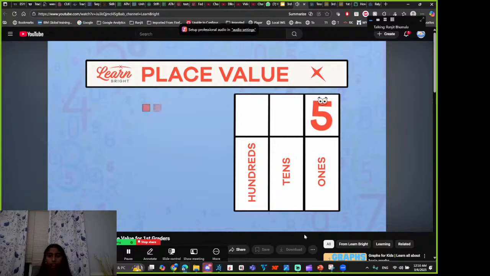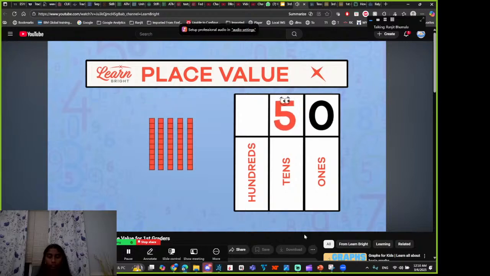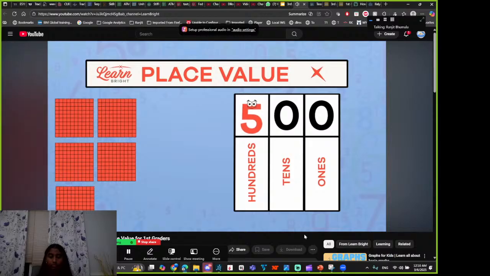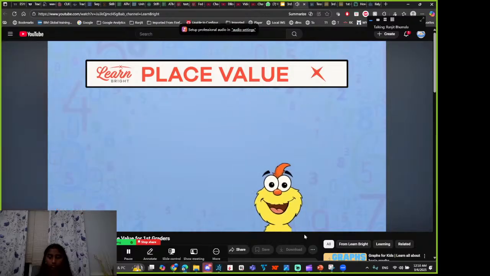For example, the number 5 in the ones place has a value of 5. But if we move the 5 to the tens place, we now have 5 tens, or the number 50. And if we move that 5 over one more time to the hundreds place, we now have 5 hundreds, or 500.